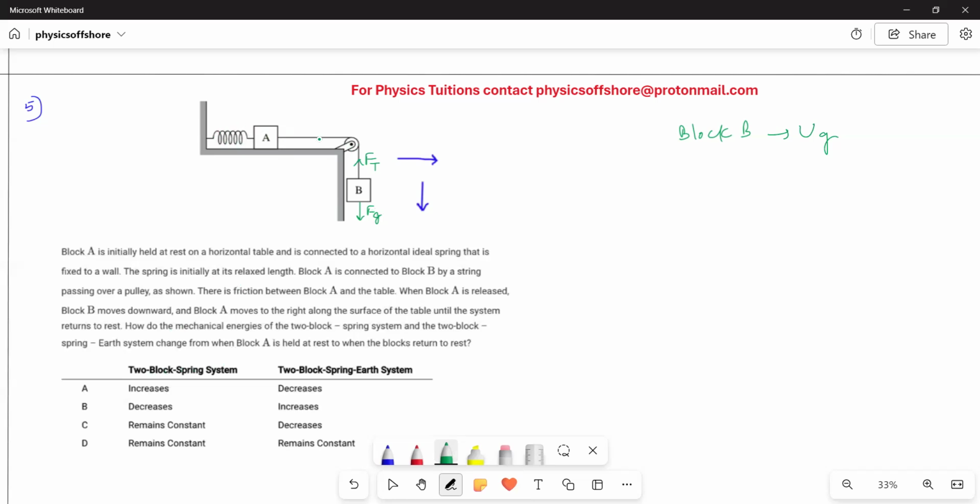When we consider this part, the energy increases, because there was no energy here initially. Block A is pulling the spring, so the spring gets stretched. Stretching means work is done on the spring, so that work is stored in the form of elastic potential energy.